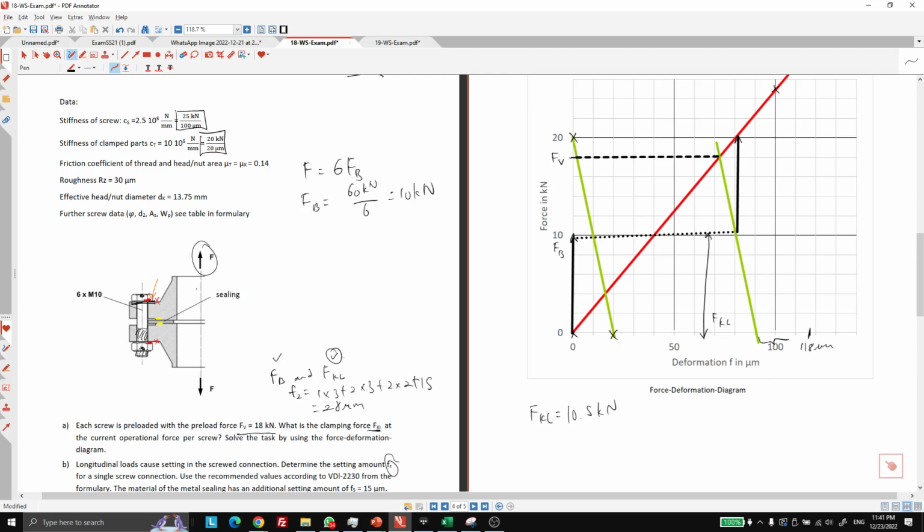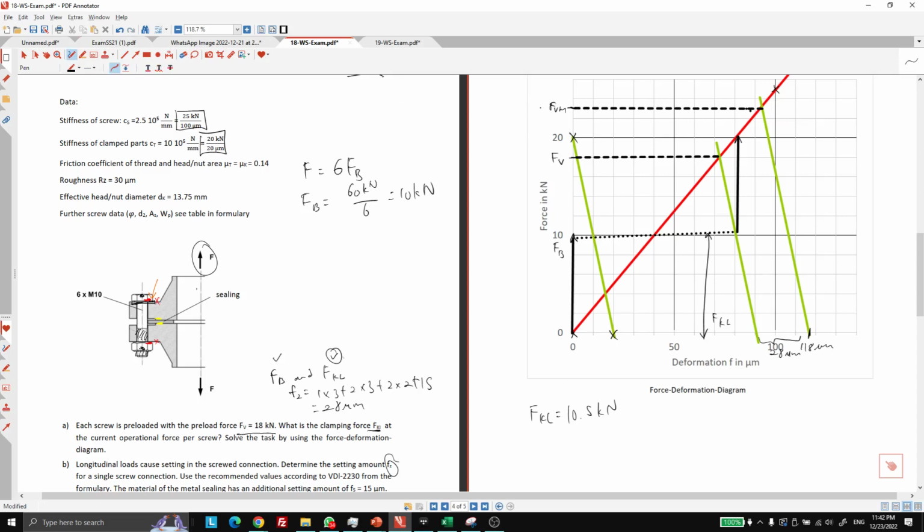So this is my 28, and I just have to move the graph to the right, make it longer and make sure it's parallel, and whatever is intersecting will be my FVM.